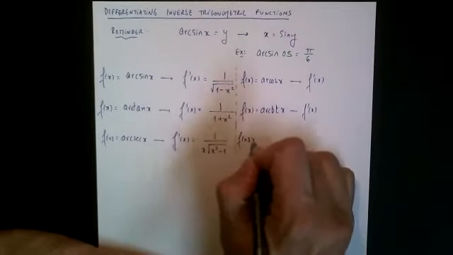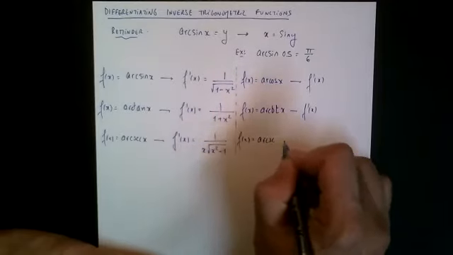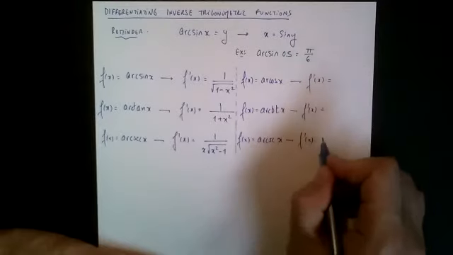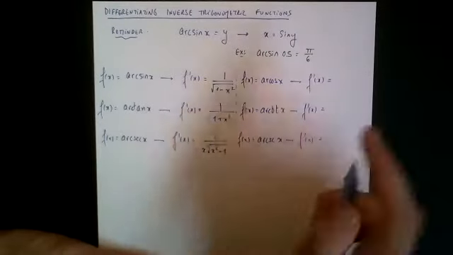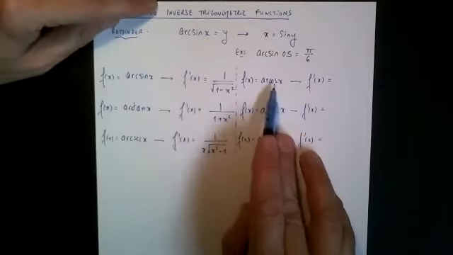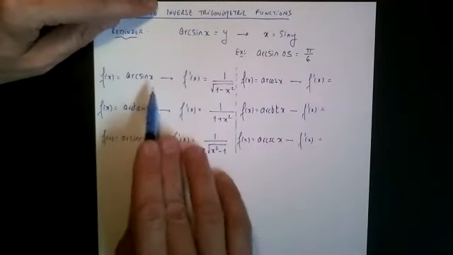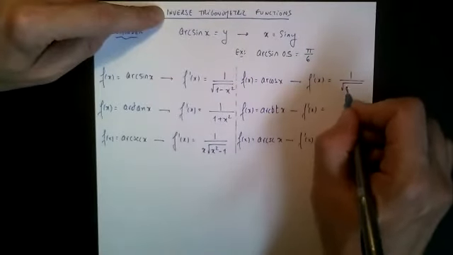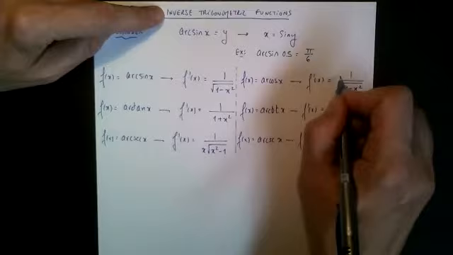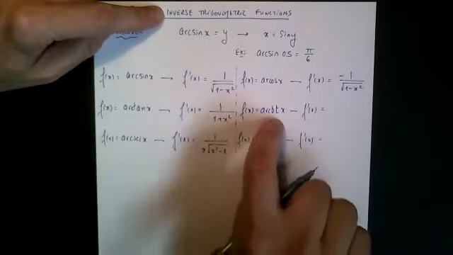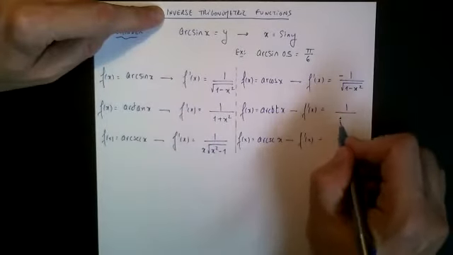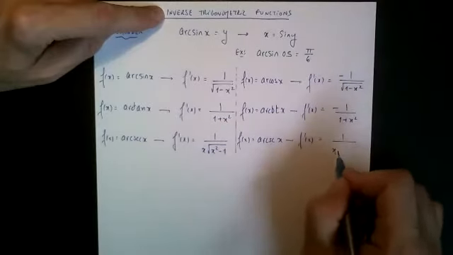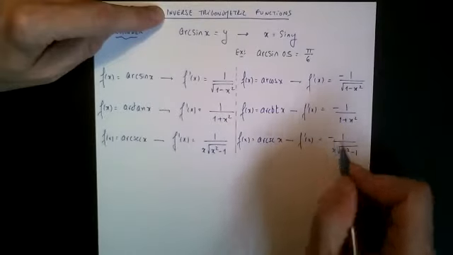And if f of x is arc cosecant, then what's f prime? Of course we're going to have to prove all of these. It's the exact same thing. The arc cos is the exact same as the arc sine, except with a minus. So same thing as the arc sine, 1 minus x squared, but there's a minus in front. Arc cotan is the same as this, so 1 over 1 plus x squared, but with a minus, and this also, 1 over x root x squared minus 1, with a minus.